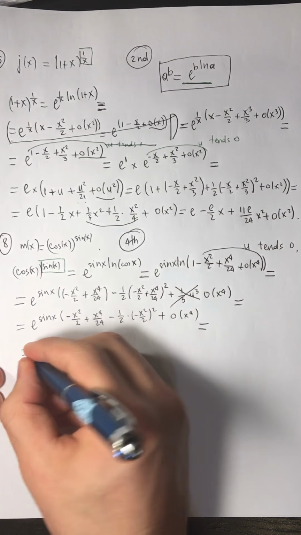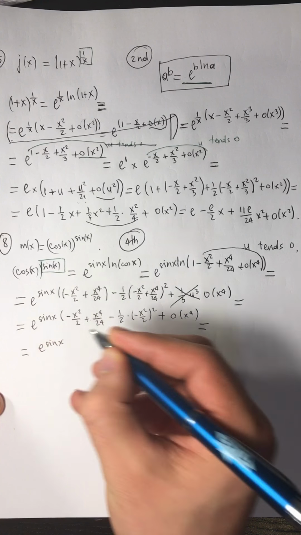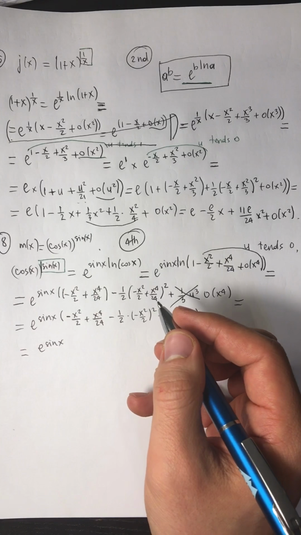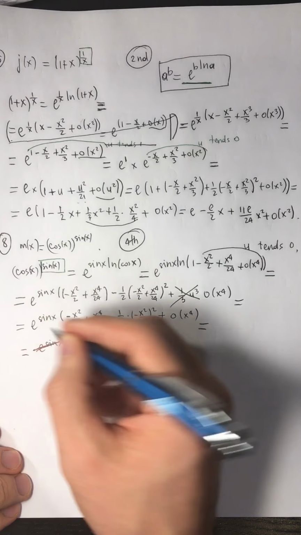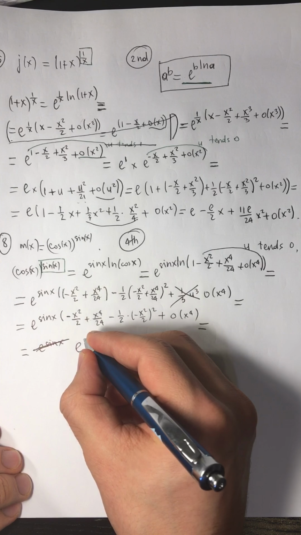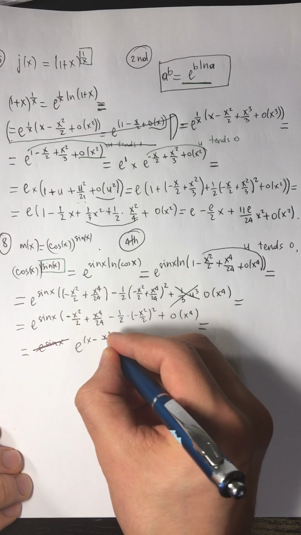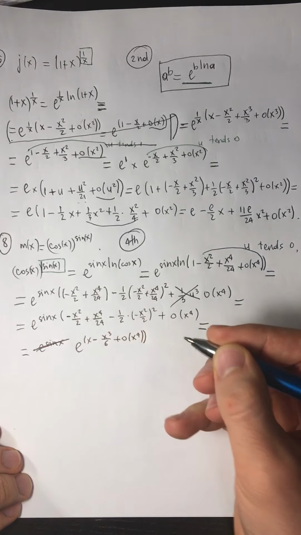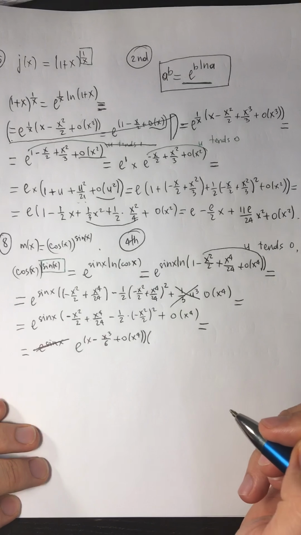And now, okay, let's continue with the sine x. So what is next? Okay, instead of this, I can expand sine x now. Sine x is x minus x cubed divided by 6 plus o(x to the 4). Okay, and here this one.